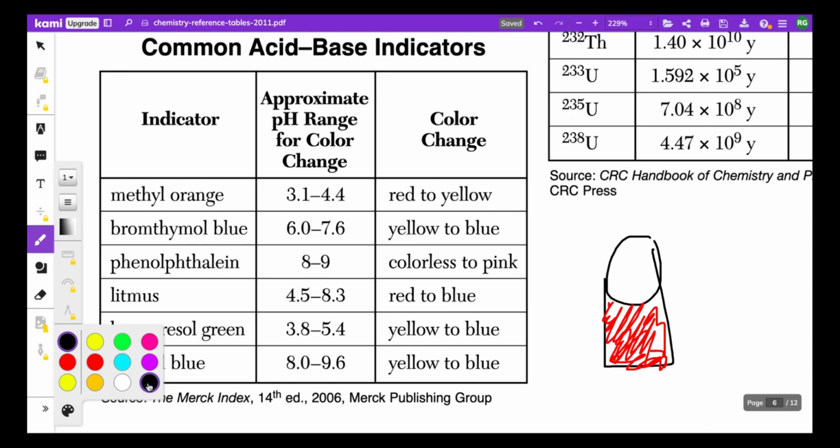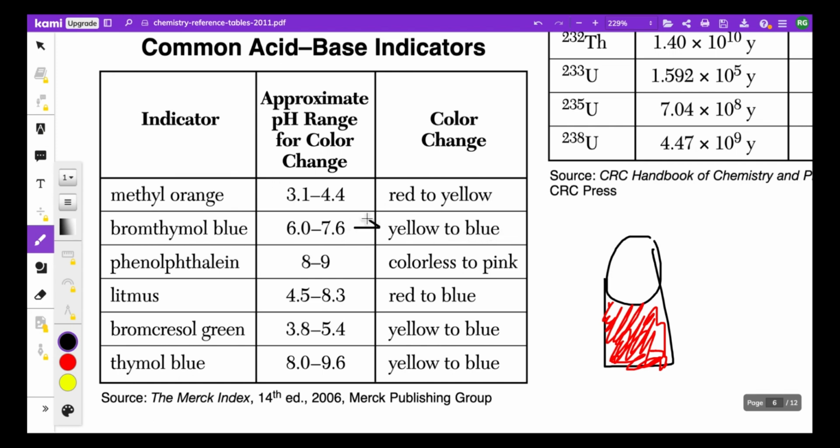Anything below a pH of 3.1, you're going to be red. And anything above a pH of 4.4, the solution is going to be yellow. Okay? That's kind of how you read it. For example, bromothymol blue. Anything below a pH of 6, your solution is going to be yellow. Anything above a pH of 7.6, your solution is going to be blue.